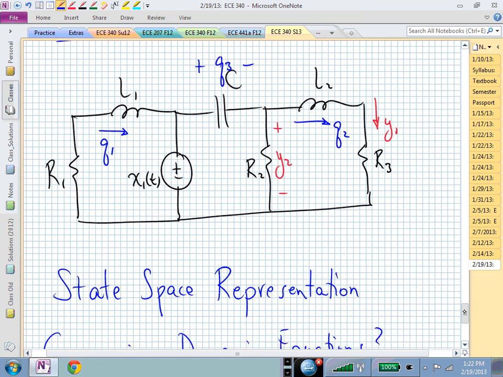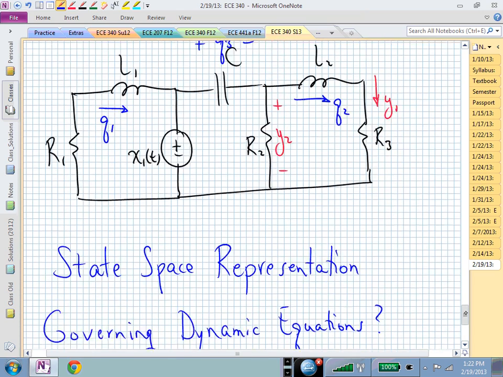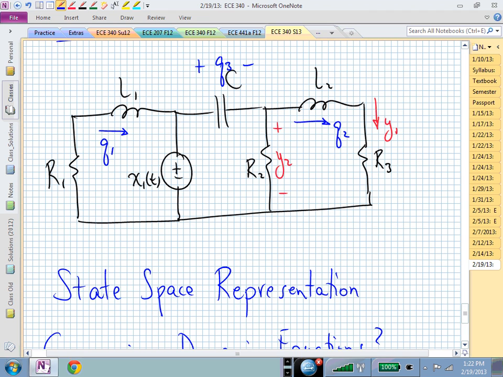If we need dynamic equations, what are we looking for? If we're wanting a state space representation, what are we looking for? We need a Q1 dot or a Q1 prime. We need a Q2 dot or a Q2 prime, and we need a Q sub 3 dot. And those need to be written in terms of Q1, Q2, Q3, and X sub 1s, and X sub 2s if we have it.